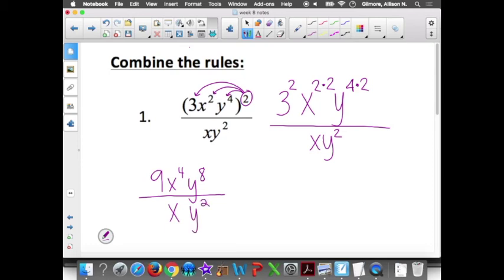We can now use our quotient rule, which is to subtract the exponents if there's a matching base. So we have x to the 4th over x to the 1st. So we're going to subtract 4 minus 1, and we get x to the 3rd power.